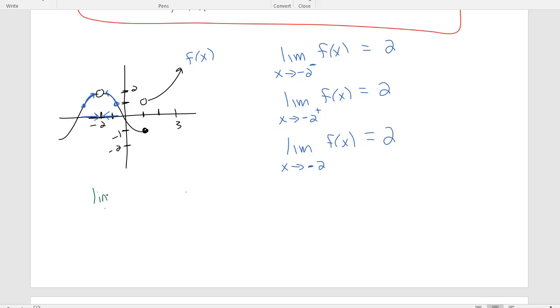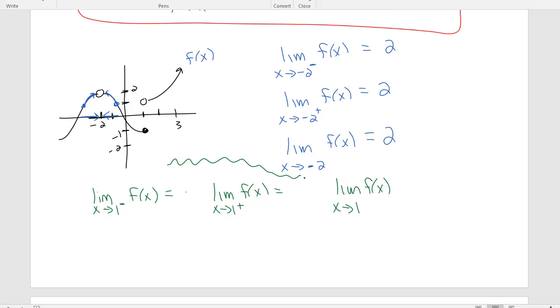What does each of those equal? Let me put a little border here so we can visually see the difference.